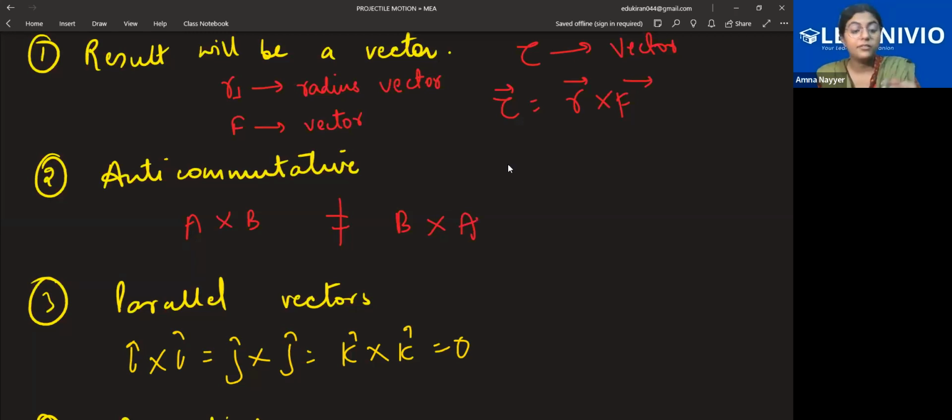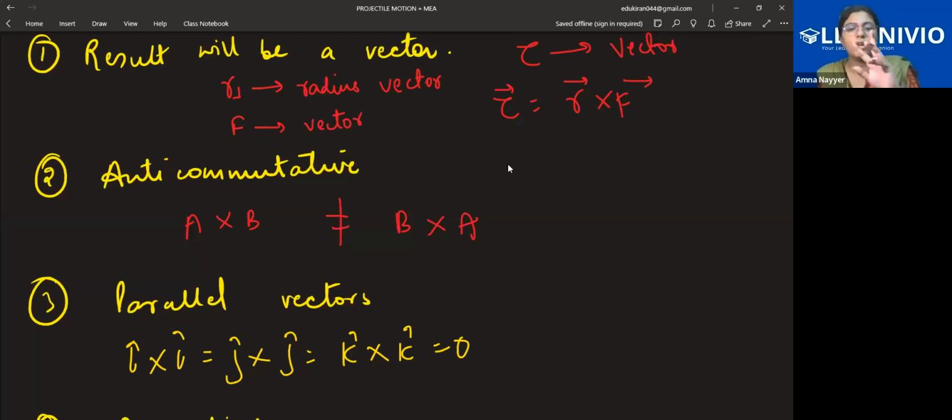All right. Whereas in dot product, we had seen that it was commutative. Means A dot B was equal to B dot A. The way in multiplication we follow, 3 into 2 is equal to 2 into 3, 5 into 10 is equal to 10 into 5, 9 into 8 is equal to 8 into 9. All these are commutative.